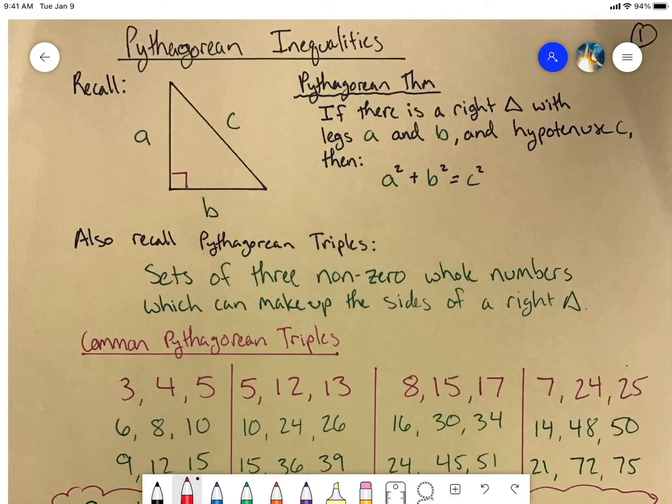So what the Pythagorean theorem says, all right, if I have this triangle here with side lengths A, B, and C, now remember, legs are the non-long sides. The two sides that make up the right angle, these are what we call legs.